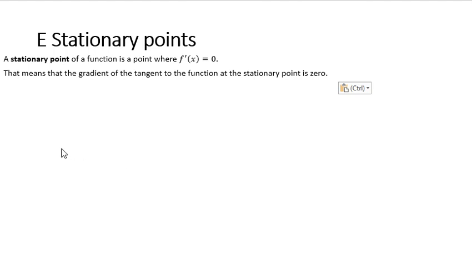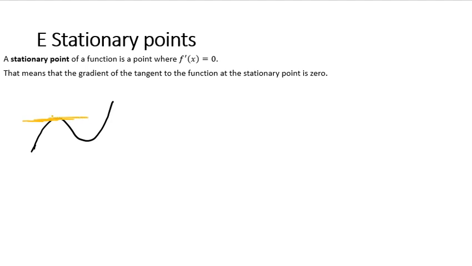Okay, let's take an example. For example, consider the following graph. So the graph goes like this. Okay, and we can see that the gradient of the tangent is equal to 0 when we are here.